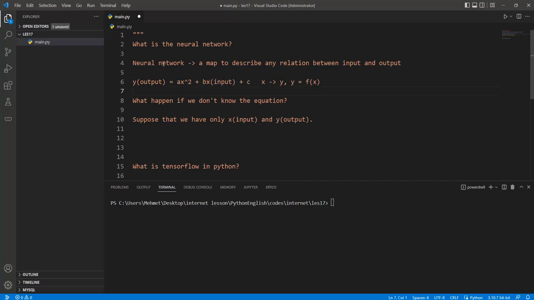And so the neural networks can be utilized in the absence of the formulation of anything. Neural network is a simple map to describe any relation like the x to y between the input and output. Its improvement or the loss function or the model generation is highly complex, so in this lesson we will not talk about it. But you should know that the neural network is a simple map to describe any relation between the input and output.